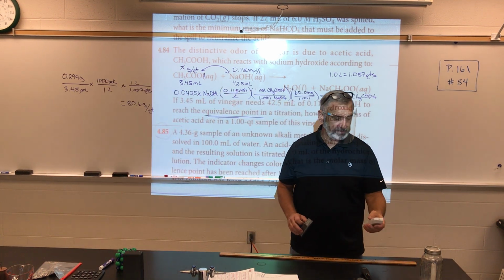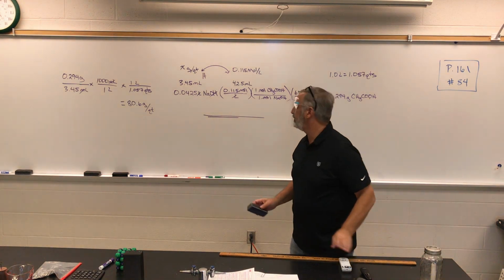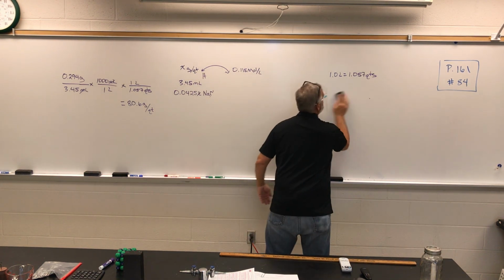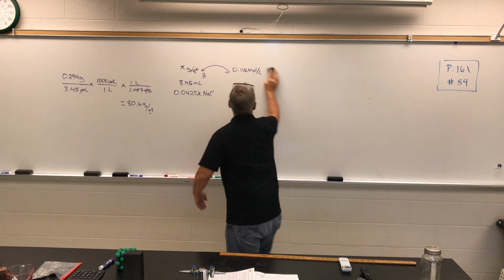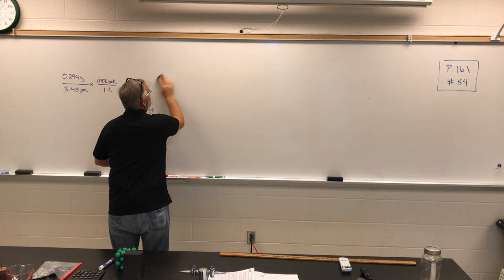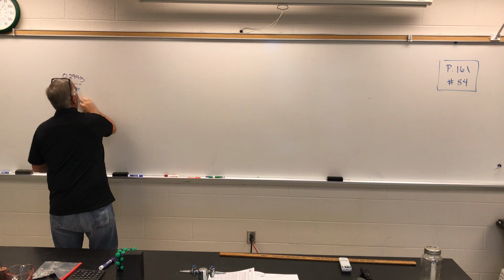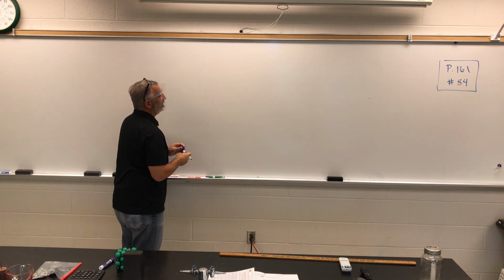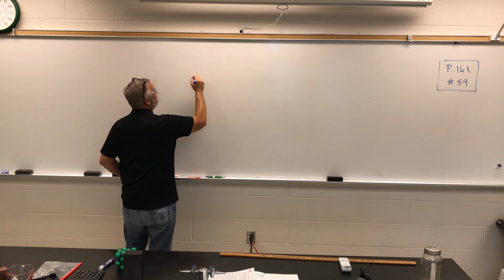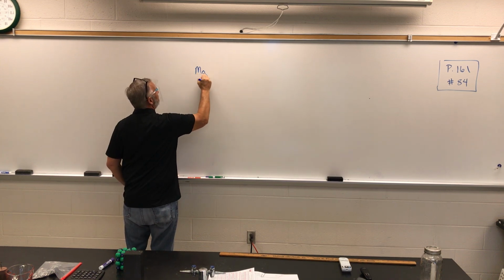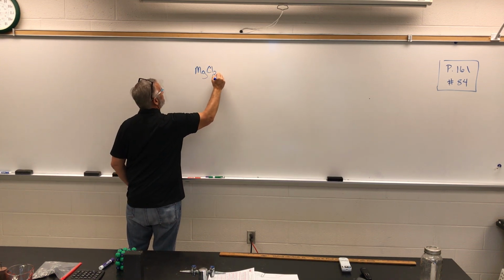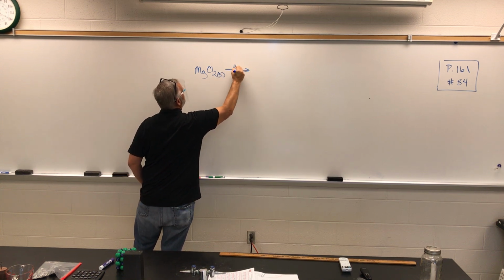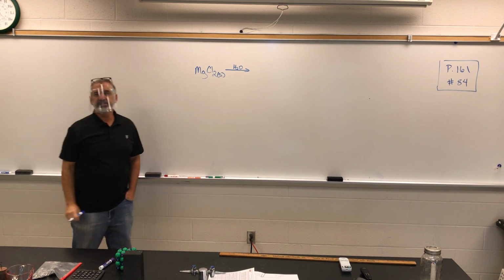All right, we're going to do a couple more practice problems, but before we do that, I want to stress one other thing. If I have a substance like magnesium chloride, and I put that into water, how is it going to dissolve?